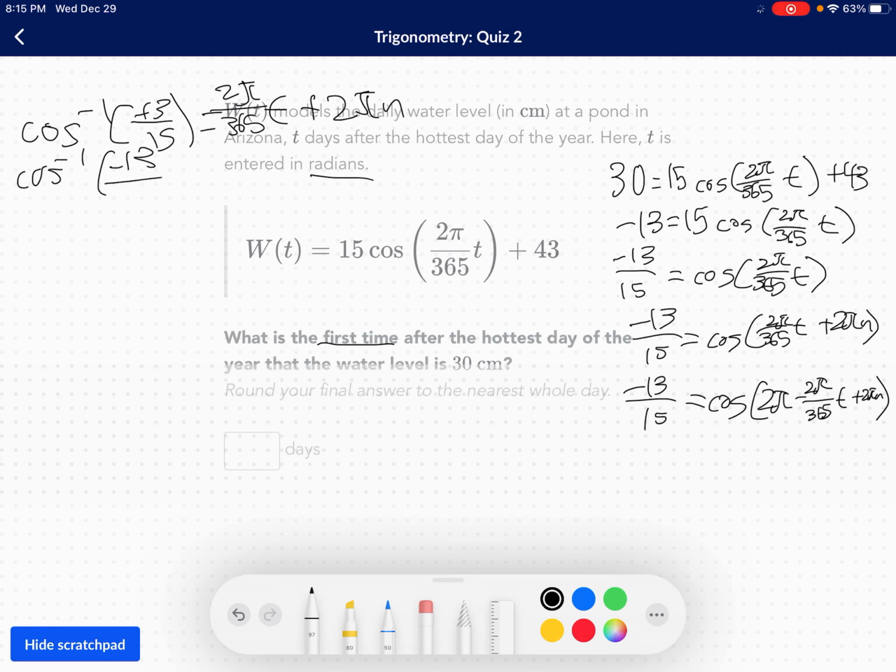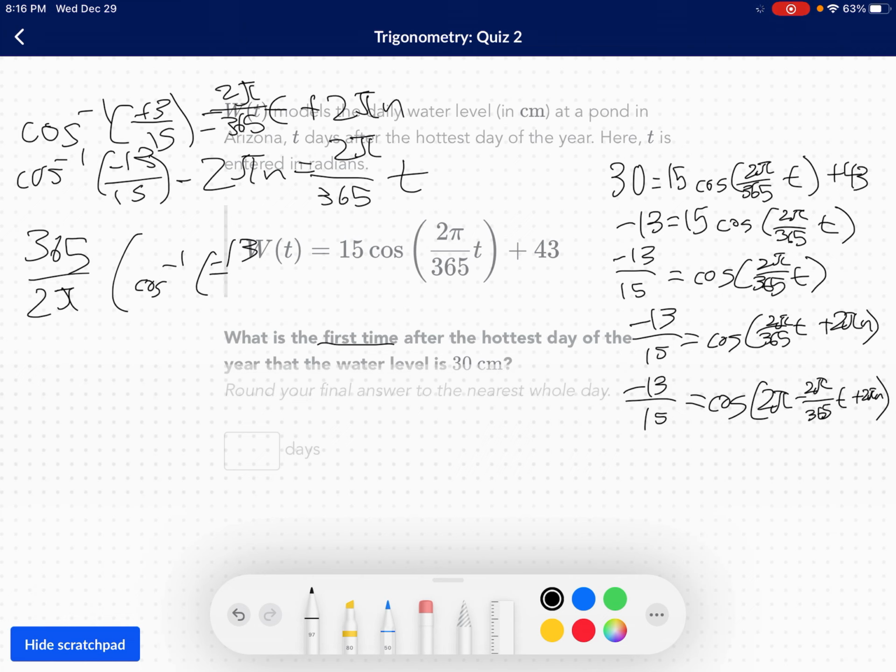Subtract 2 pi n on both sides, and you get this 2 pi over 365 t, and then multiply by 365, the reciprocal of that, on both sides, minus 2 pi n, and you get inverse cosine. Oh, wait, no. This is minus 365 n, and then I'll just enter this in the calculator.